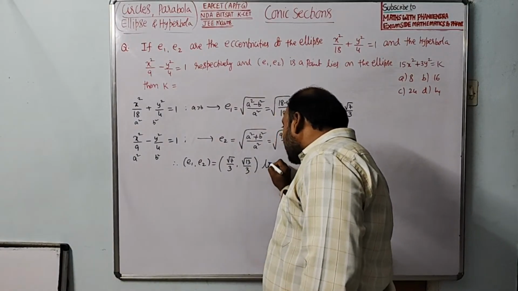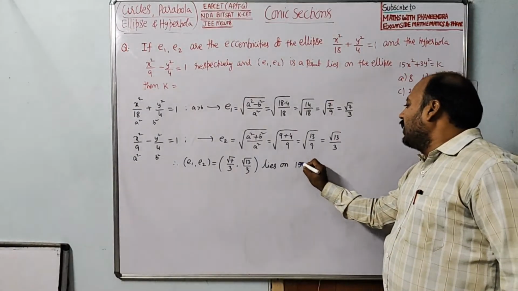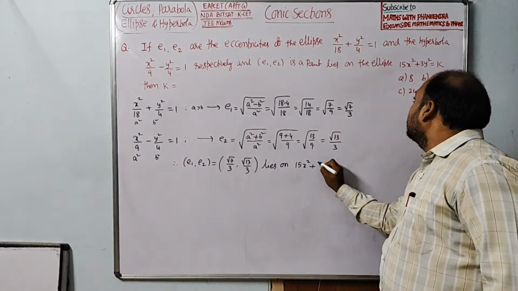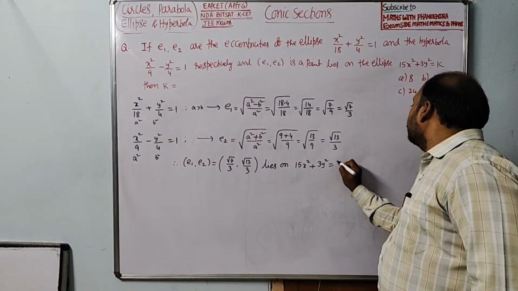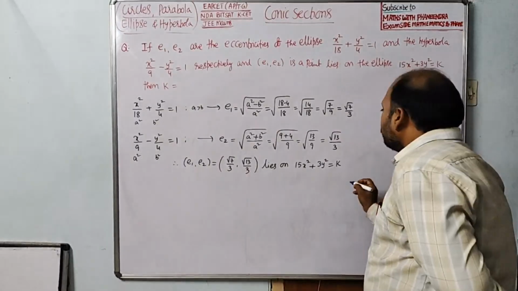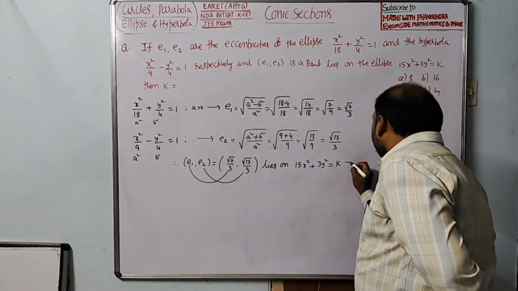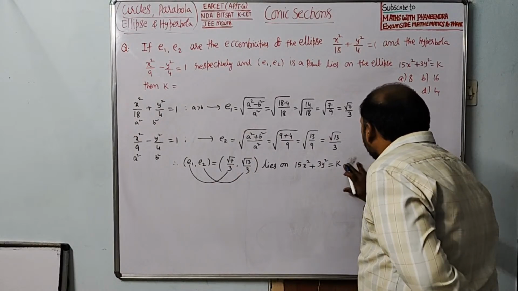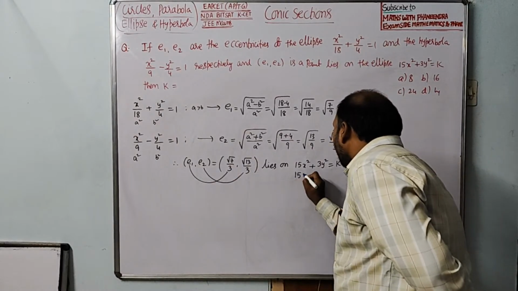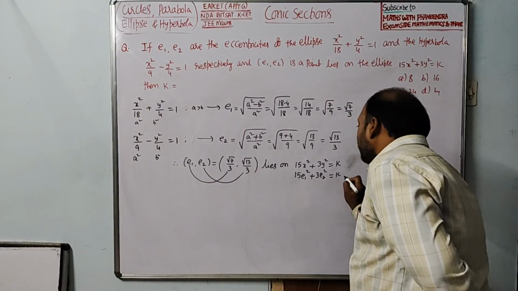This point lies on which ellipse? This ellipse: 15x squared plus 3y square is equal to k. Wherever x comma y is there, replace with these values: this is the e1 value, this is the e2 value. That implies 15 e1 square plus 3 e2 square is equal to k.